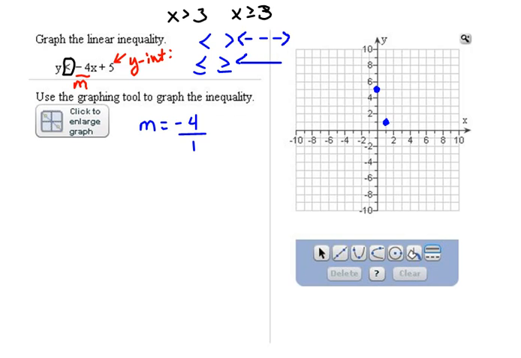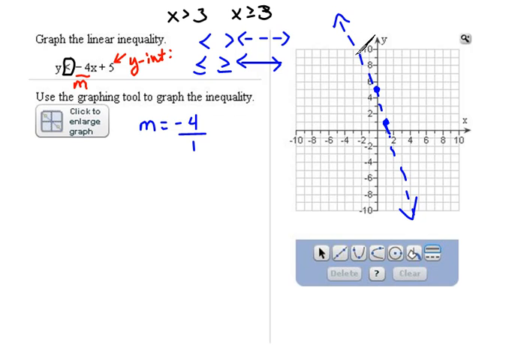The reason for that is because, like in this problem, we have just less than. So that means that my line here is going to be dotted, and trying to do a semi-straight, oh, that is just pitiful. Semi-straight line here. Not very straight, but we'll get the idea.